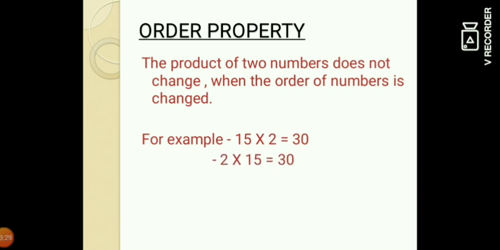But if we multiply 2 by 15, we will get the same answer, which is 30. So, it doesn't matter whether we multiply 15 by 2 or 2 by 15, we will get the same answer, which is 30. So, 15 multiplied by 2 is equal to 2 multiplied by 15.